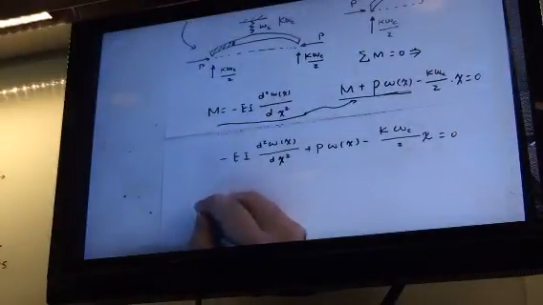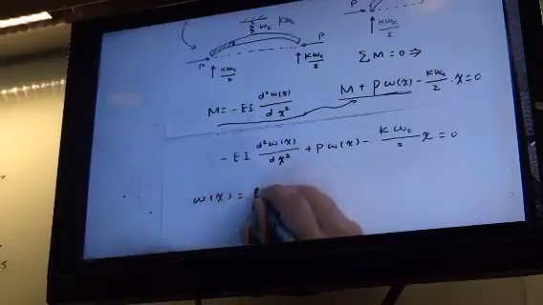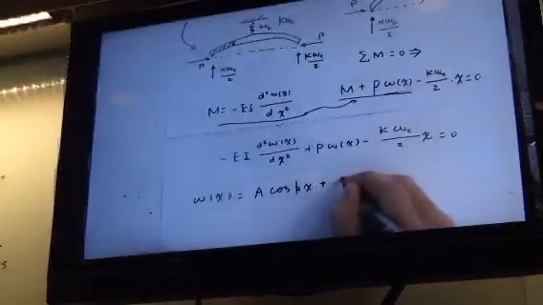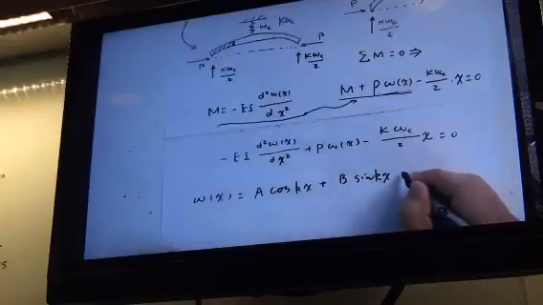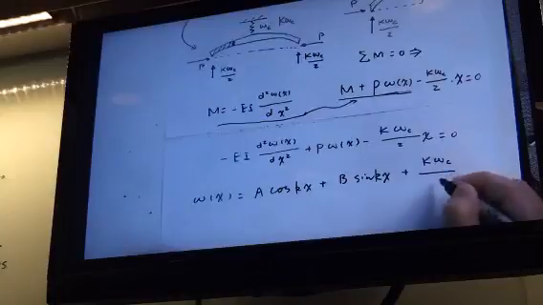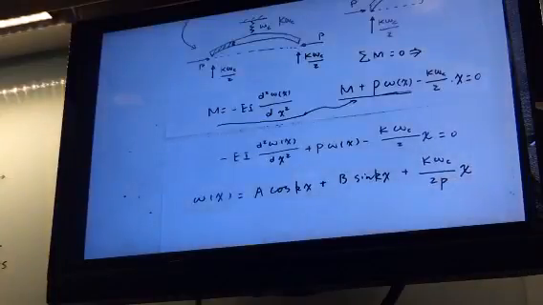The solution for this equation is w(x) equals A cos(kx) plus B sin(kx) plus a term in w_c. This is a solution of this equation. You have capital K and small k.